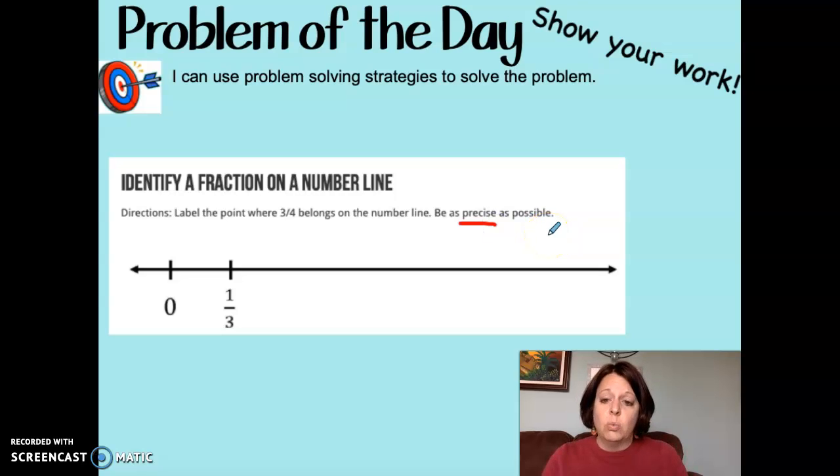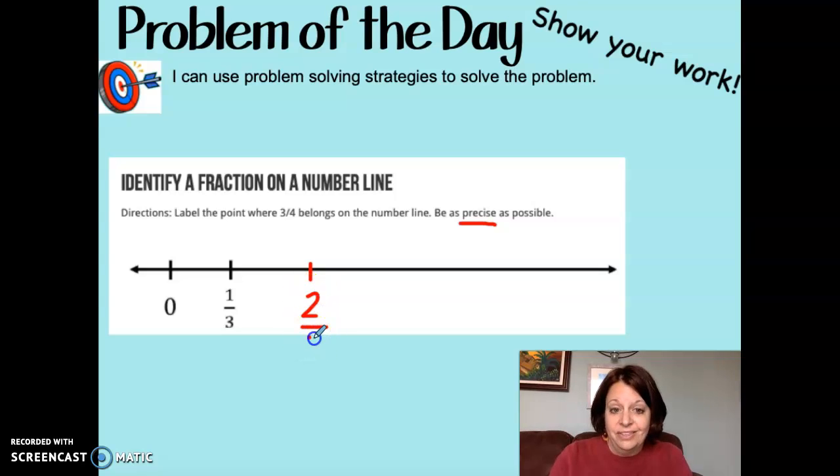So 1/3 is here. I'm going to use my fingers to help me. I'm going to go up to the screen and say, 1/3 is about that far. Then I'm going to put my fingers up and measure. So I'm going to put 2/3 here because I used my fingers as a measurement.